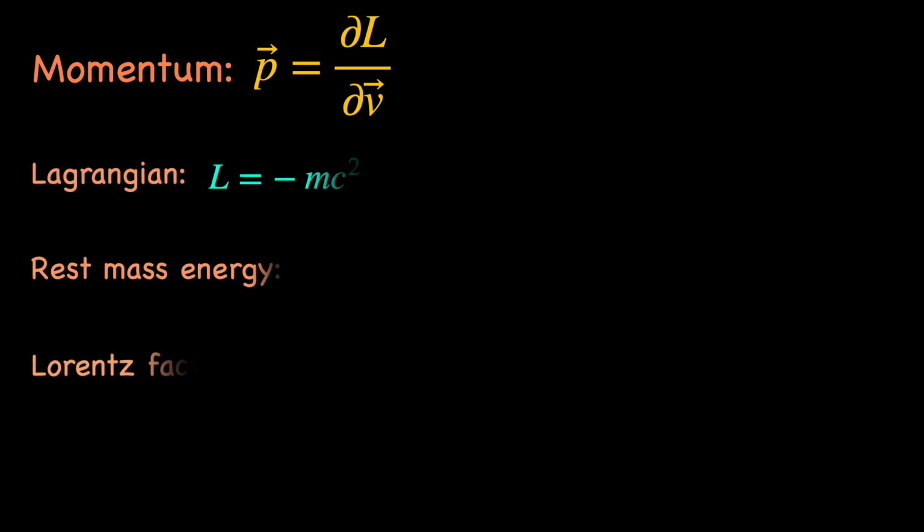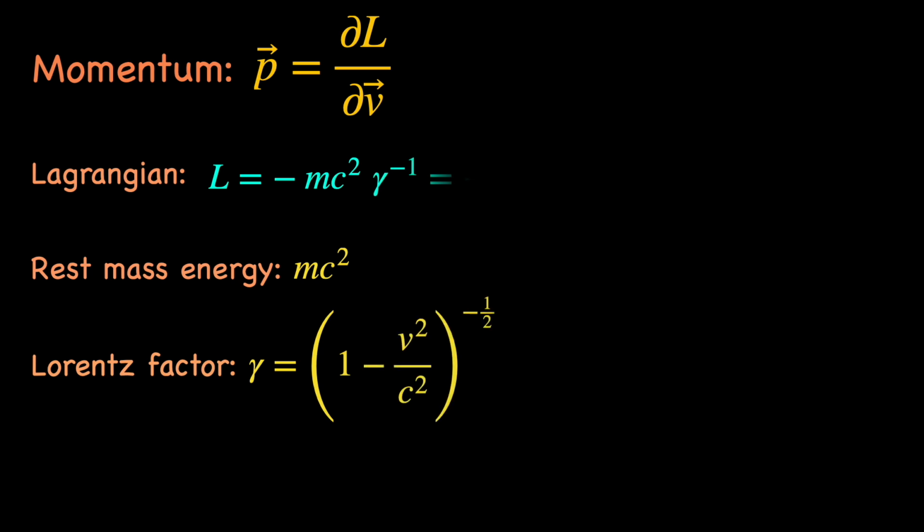Now, the Lagrangian for the relativistic particle is minus mc squared, the rest mass energy, times the inverse of the Lorentz factor gamma. Gamma is given by the inverse of the square root of 1 minus v squared upon c squared.